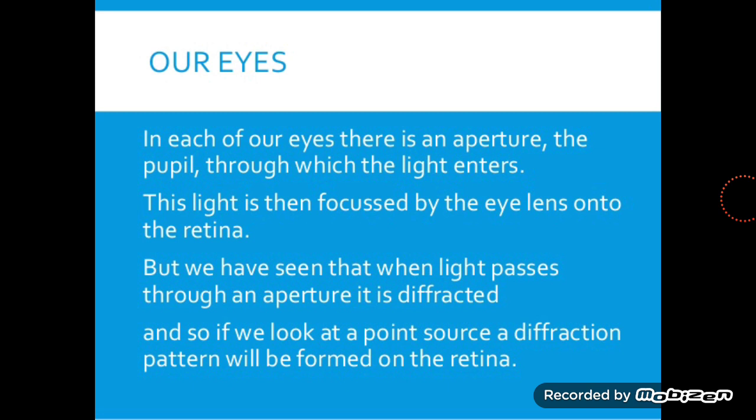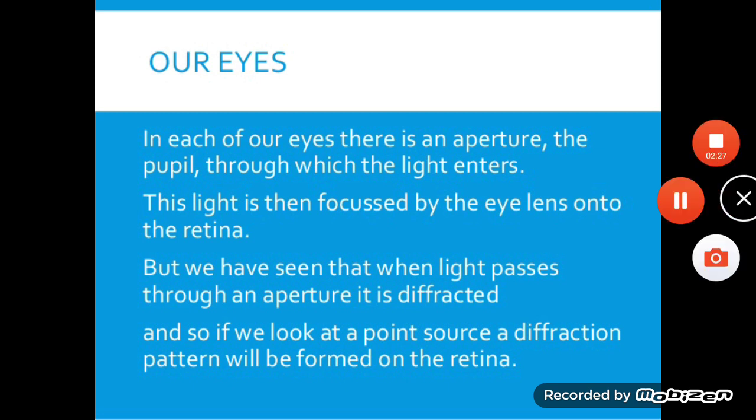The light is then focused by the eye lens onto the retina, but we have seen that when light passes through an aperture, it is diffracted, and so if you look at a point source, a diffraction pattern will be formed on the retina.